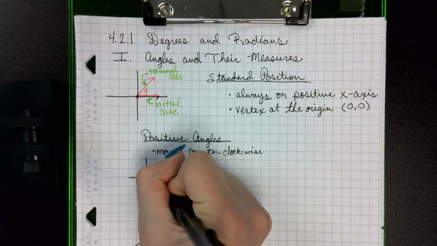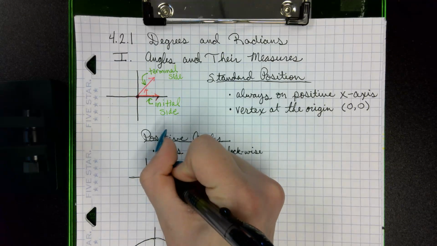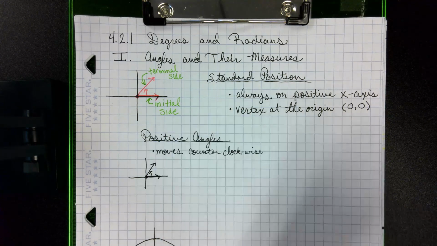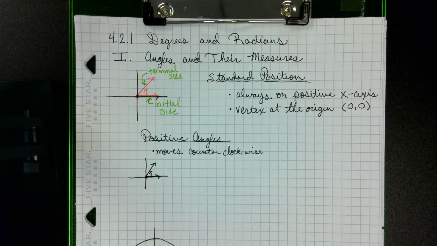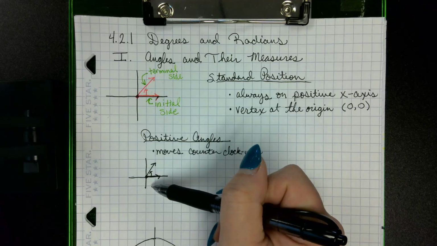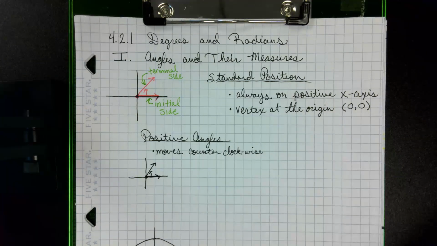It doesn't have to be an acute angle, though. It could be any size angle. But to be positive means that it rotated in the counterclockwise direction from the positive x-axis, from the initial side. So I could have kept moving this all the way around. It could terminate down here in quadrant 3 or in quadrant 4.